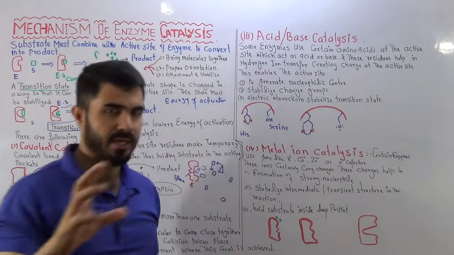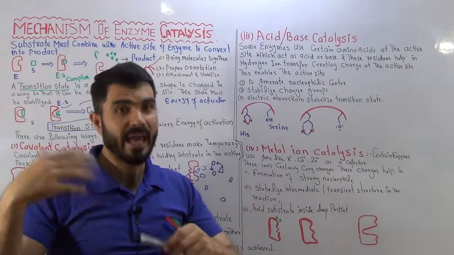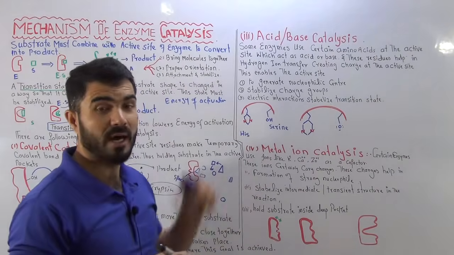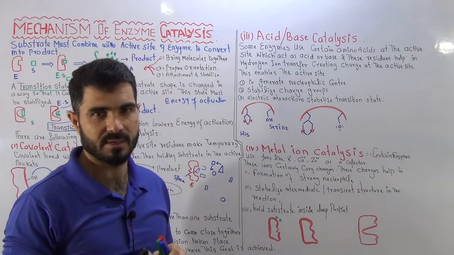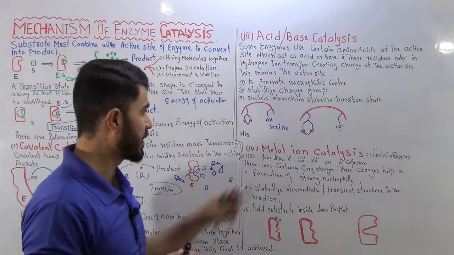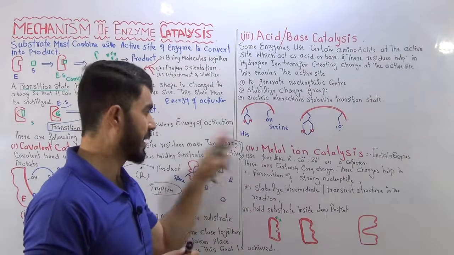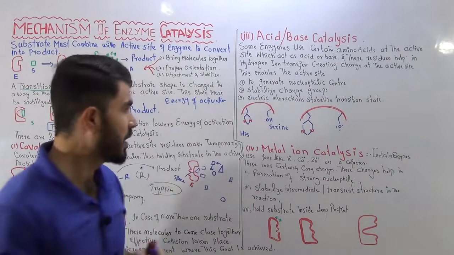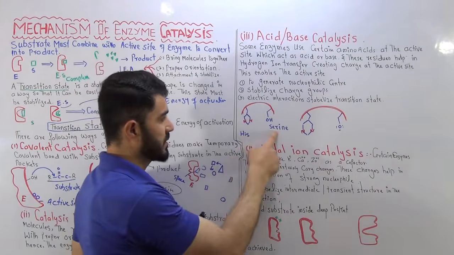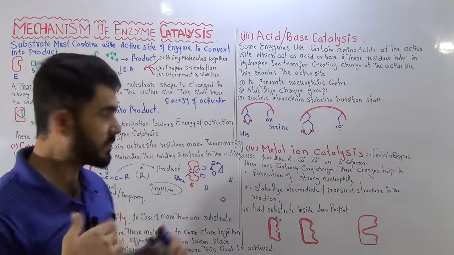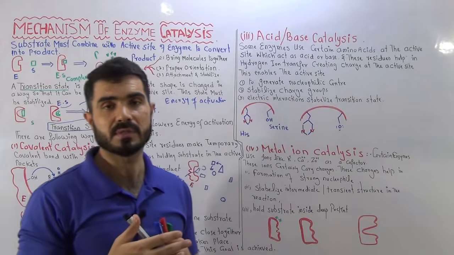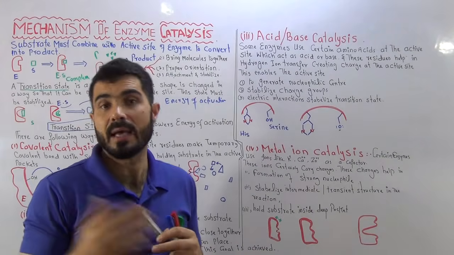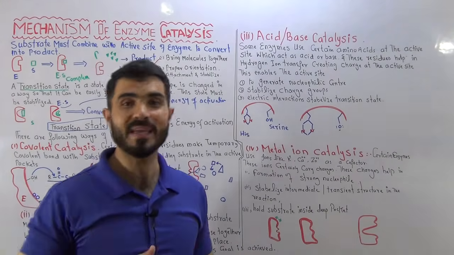Some of the enzymes have special amino acids, which we call residues. They are called serine and histidine. Serine and histidine, these amino acids can act as an acid as well as a base.